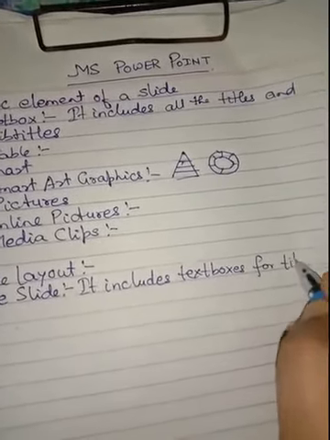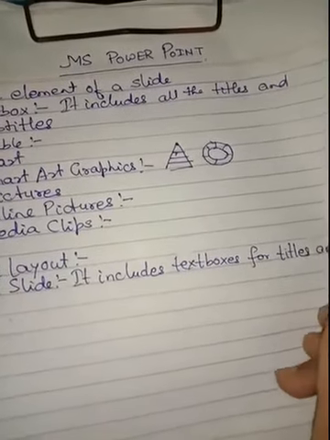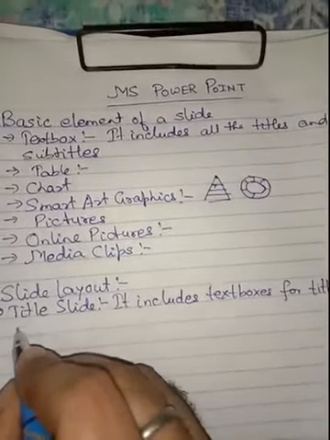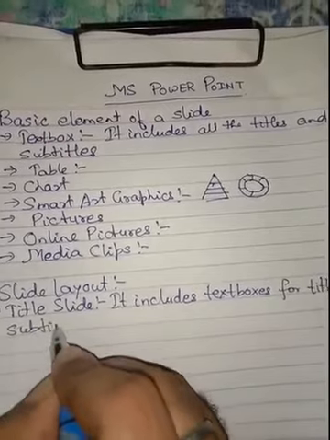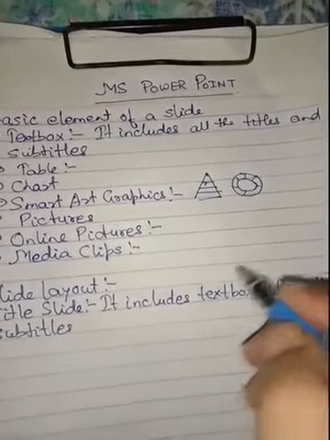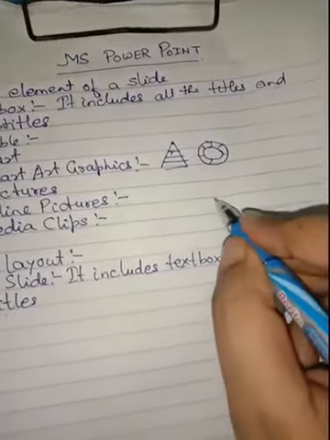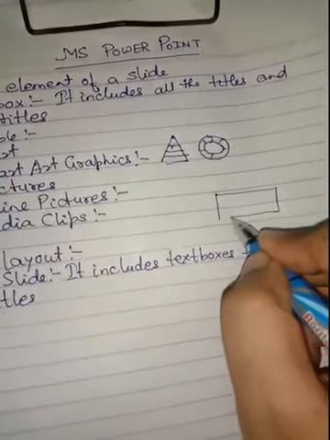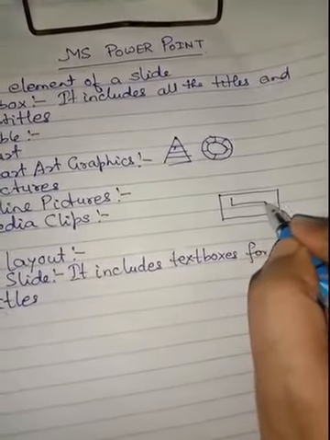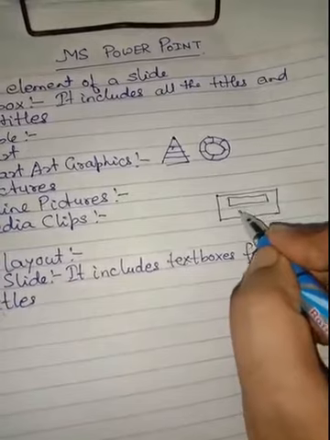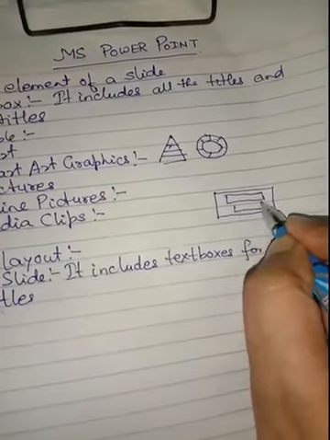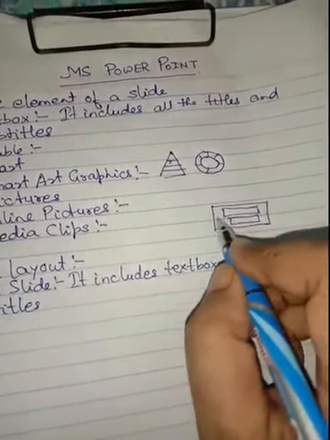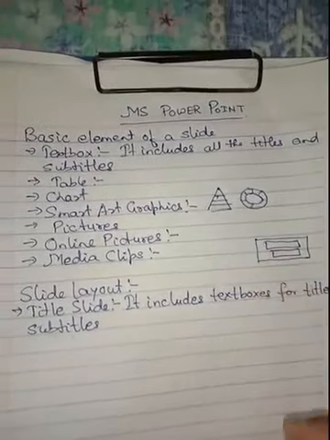For example, consider this is a slide over here. This is for the title and this is for the subtitle. So this is a slide layout which consists of a title slide.